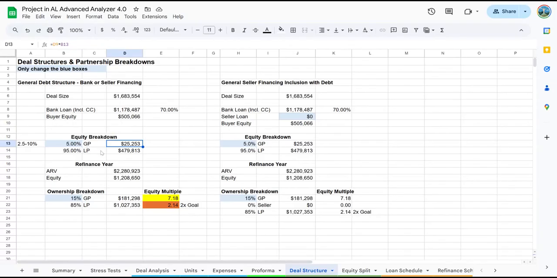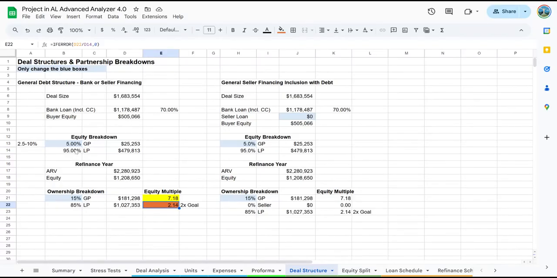And the remaining amount is going to be 95% to the limited partners. So what you're shooting for is to get a 2x for the limited partners. That makes the deal enticing enough for most investors to take a deeper look at.